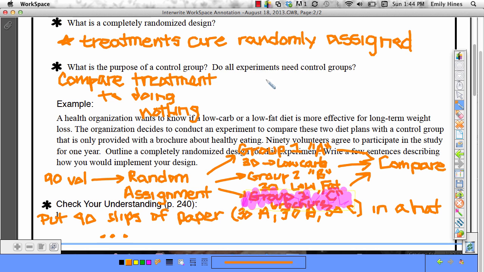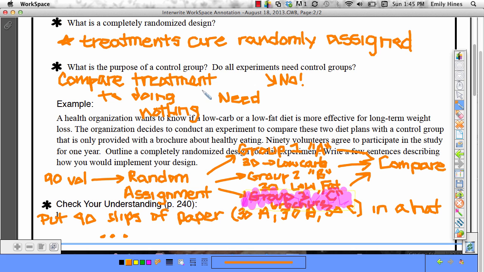Okay, all experiments do not need a control group. If I'm comparing one thing to another thing, so for example, low carb and low fat diets, I don't need a control group because it will tell me which one is better, low carb or low fat. When I need a control group is if I want to show that it is better than doing nothing.